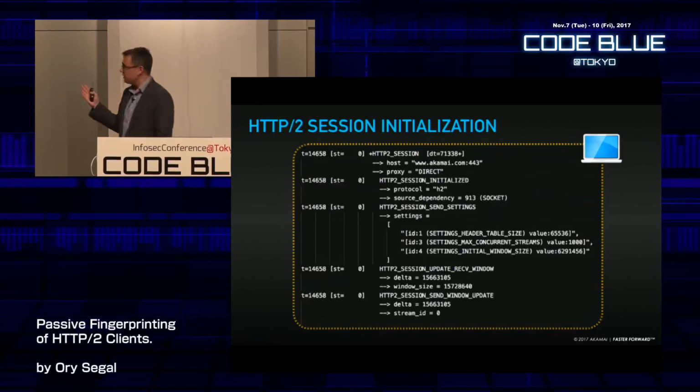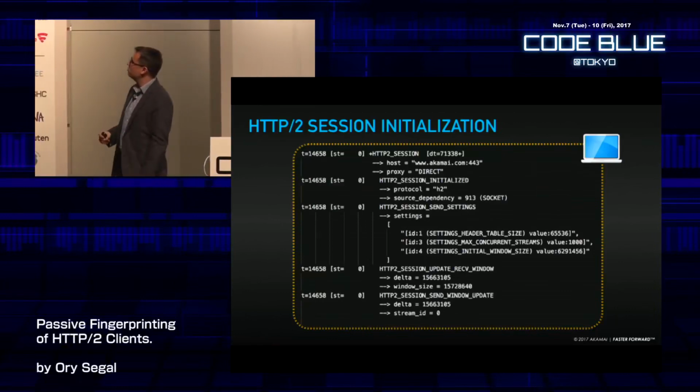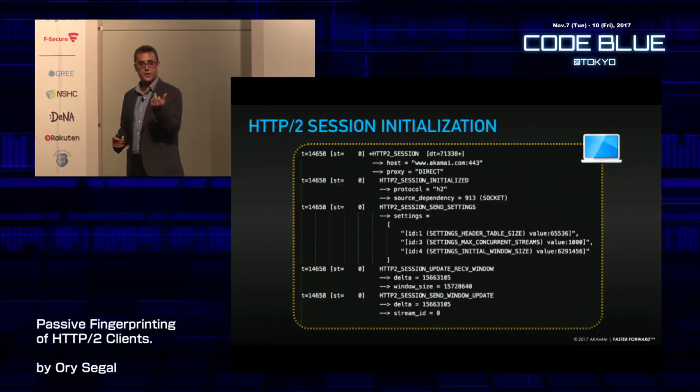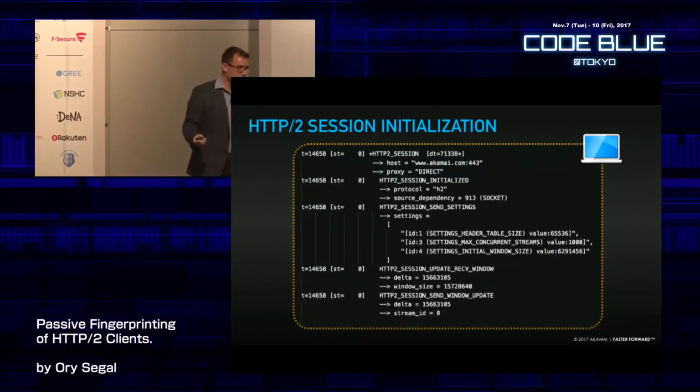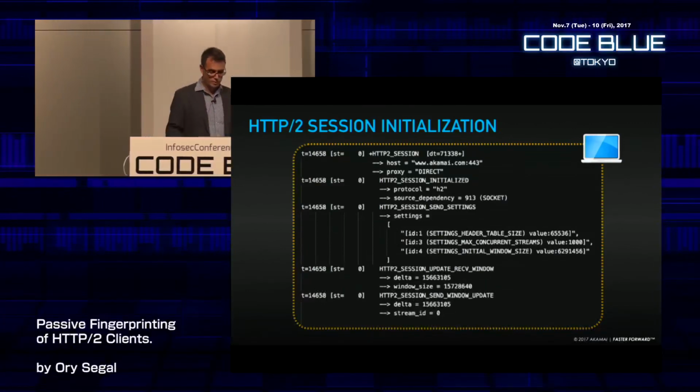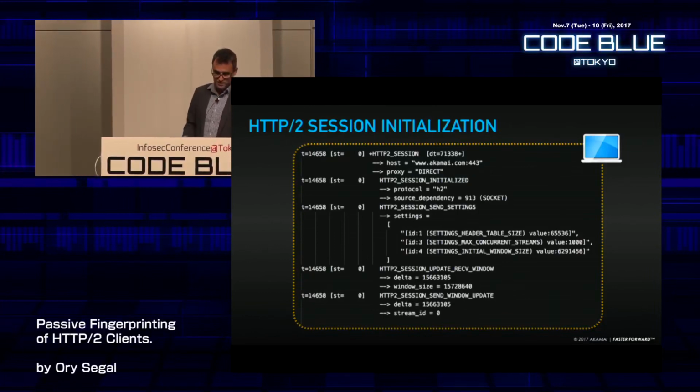And then we see the client sending a few settings. That's the settings frame. So they're defining all sorts of numbers there. I'm not going to go into that. We'll talk about some of them in a moment. And then they send the window update, and that's basically the part of the headers that you know.